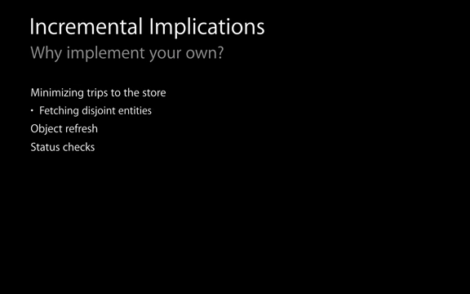Why might you want to add your own subclass of NSPersistentStoreRequest? One of the big things that we've heard repeatedly is, well, I want to minimize requests, minimize trips to the store. This is particularly relevant in cases where you've got a disjoint object graph, and as part of your app launch, you want to bring in instances of lots of different entities.